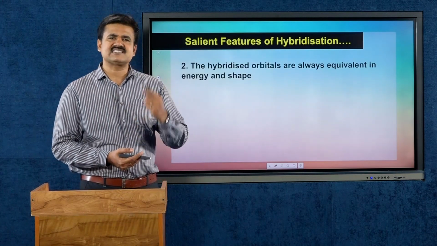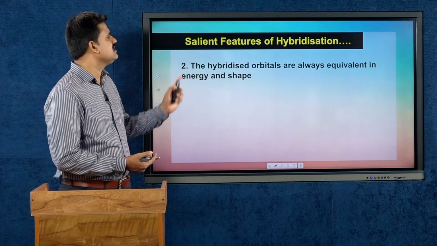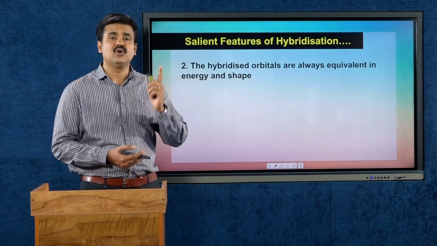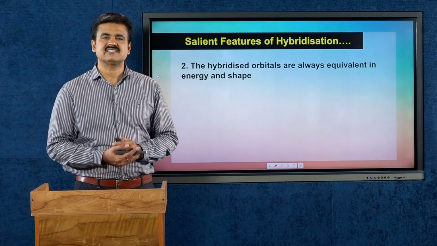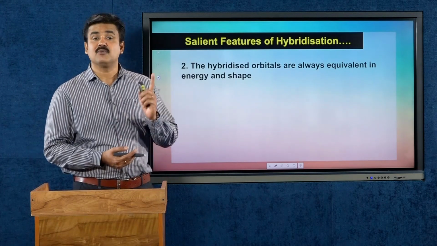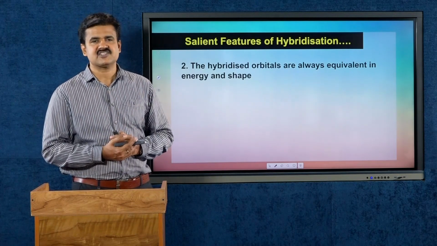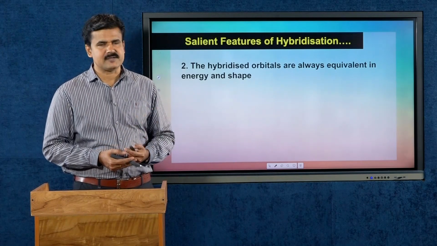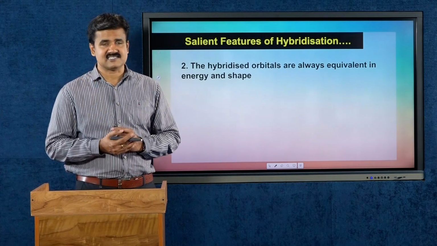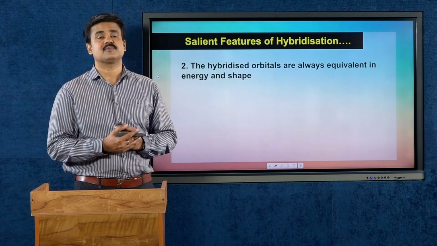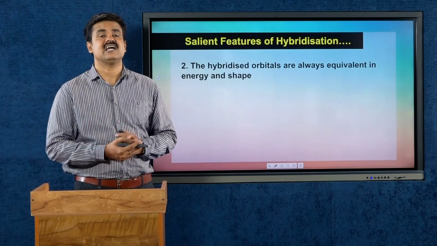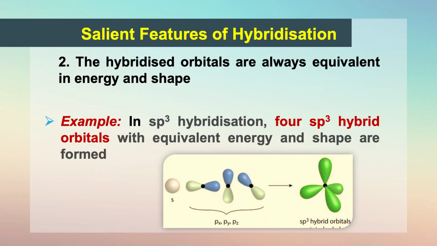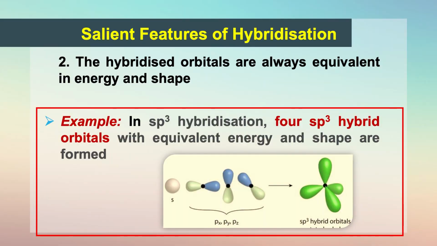Moving on to the second salient feature: the hybrid orbitals are always equivalent in energy and shape. This is one of the most important aspects of hybridization. The orbitals taking part may be different in energy as well as shape, but even so, the hybrid orbitals obtained have identical energy as well as shape. Consider sp3 hybridization as an example.